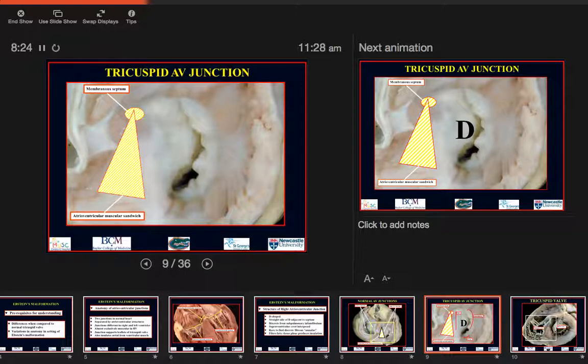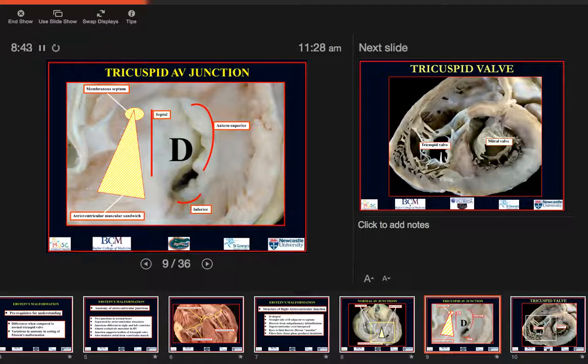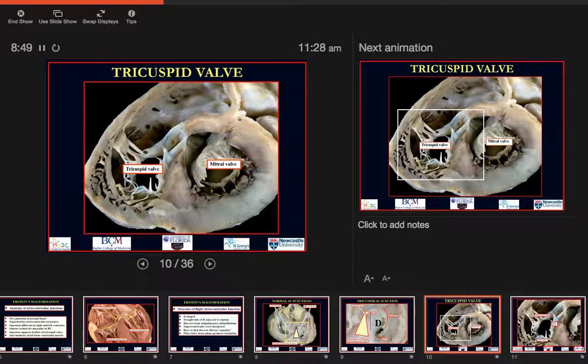Now, looking down on the right atrioventricular junction, you see the D shape. And it is the septal leaflet that is adjacent to the separating structures. Significantly, the anterosuperior leaflet is hinged from the supraventricular crest. Note that the third leaflet of the tricuspid valve is inferiorly located and is not posterior.